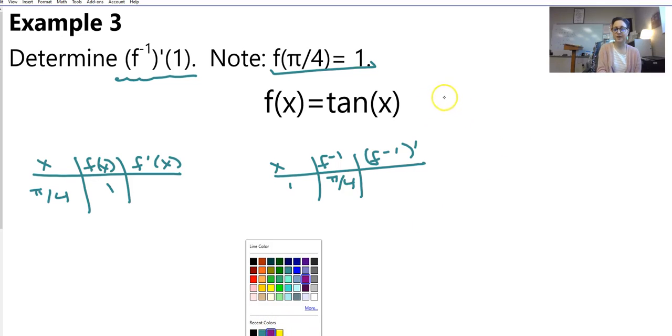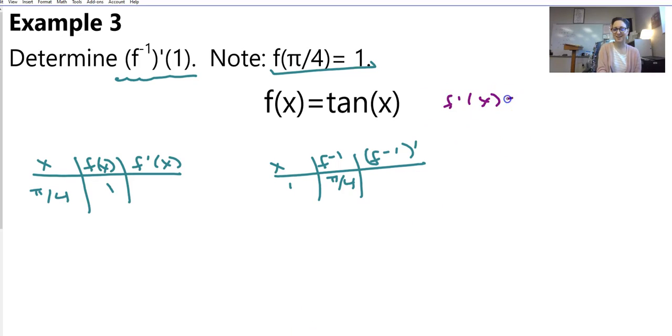So f prime of x is what? Secant squared of x. So now I need to find f prime of pi over 4. So that's going to be secant of pi over 4, and I'm going to rewrite that power: secant of pi over 4, squared. Yeah, your favorite unit circle, right?